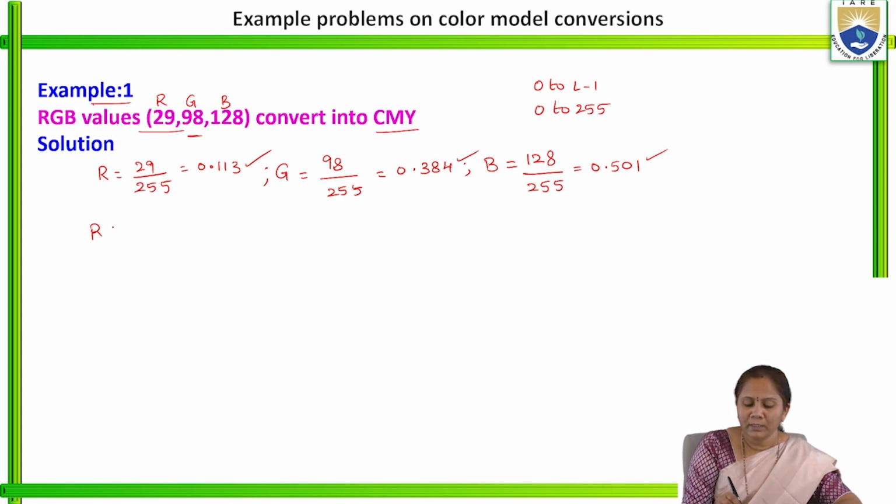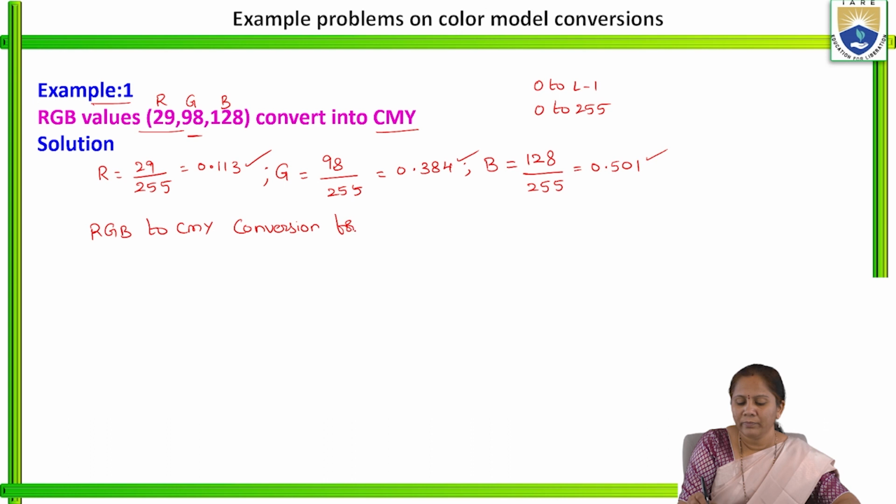Now we have to consider the values of these R, G, B to convert it into CMY. So applying the RGB to CMY conversion formula. We have discussed these conversion formulas in the previous session. So we know the formula: CMY is equal to 1 minus RGB.